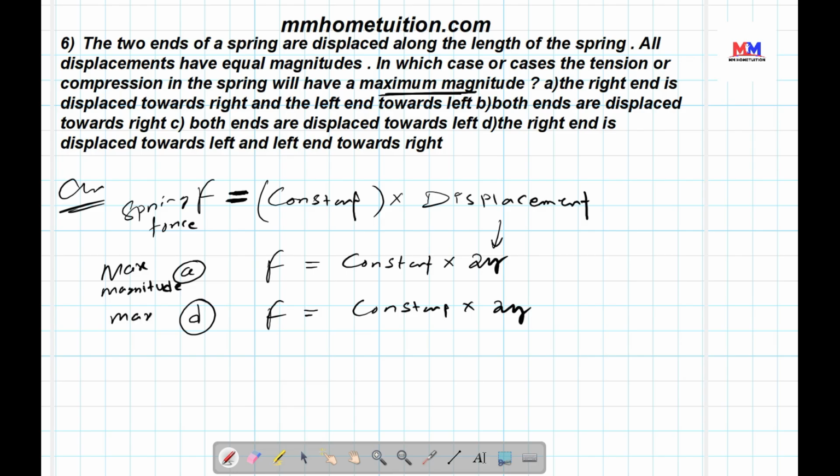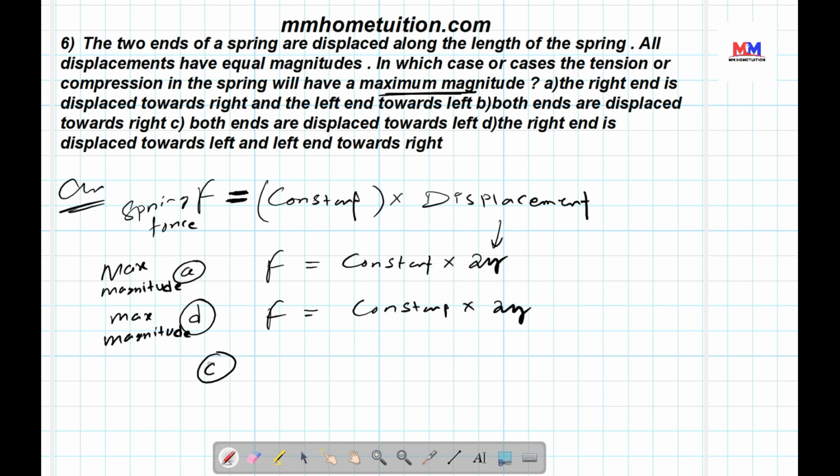So in case of options A and D, the magnitude of force is maximum.